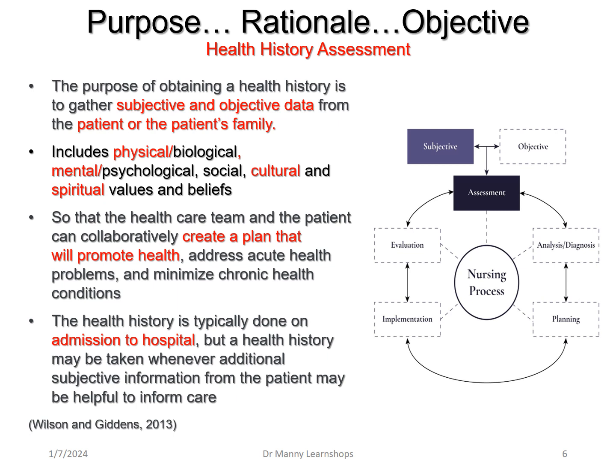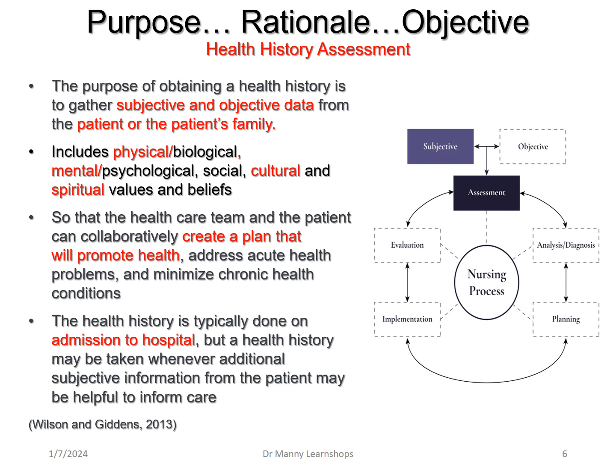What's the purpose, the rationale, the objective of this health history assessment? Being repetitive, the purpose is to gather subjective and objective data from the patient, client, victim, or their family. As I said, it includes physical, biological, mental, psychological, social, cultural, spiritual values and beliefs.